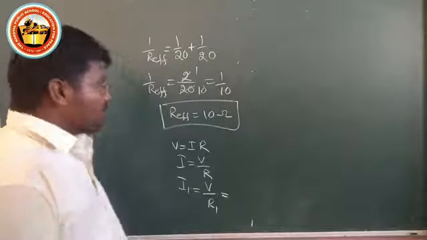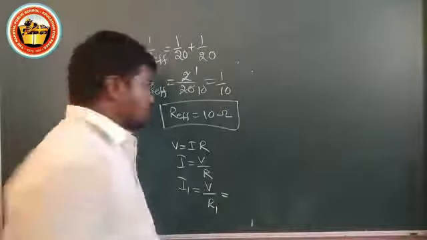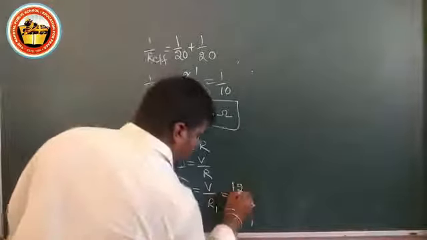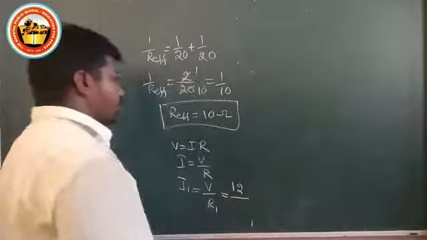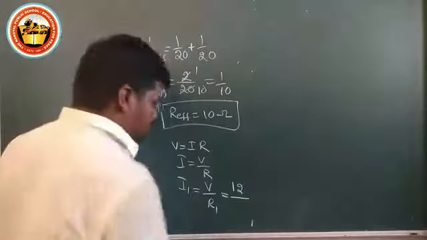So what is the value of V? V is 12 volts. 12 volts divided by R1. R1 is 40.